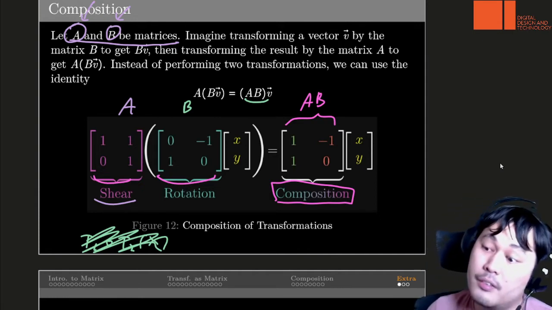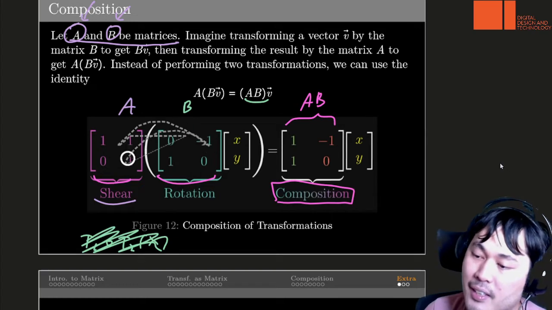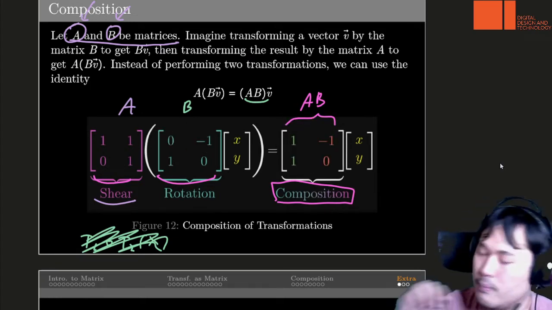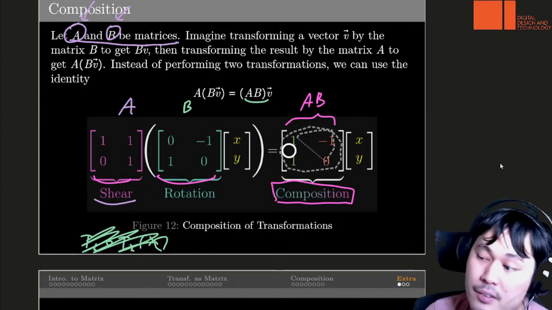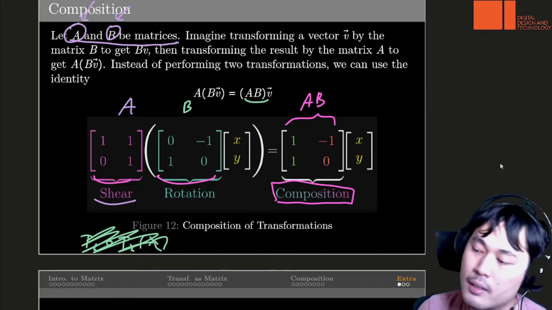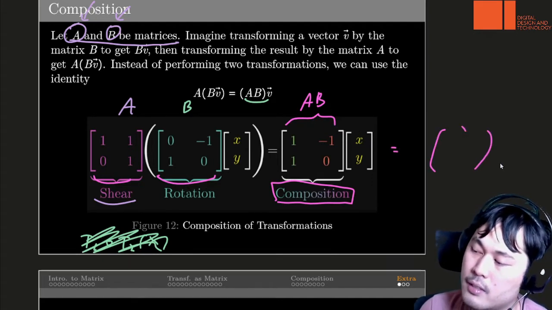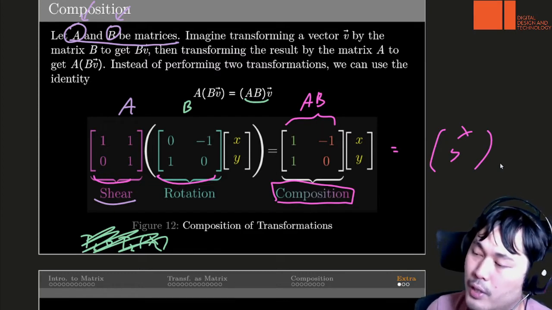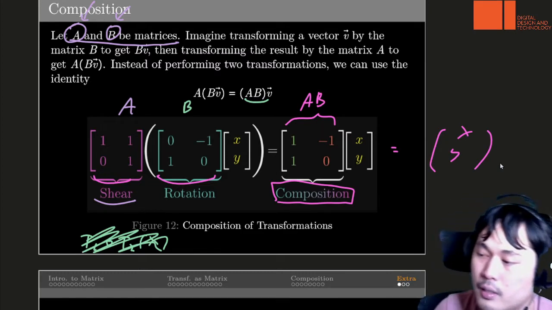So instead of performing two tasks, one at a time, we can do them both together at once. And this new matrix, once you multiply it to the vector, will give you a new vector that will tell you what the new transformation, or what the new vector looks like.